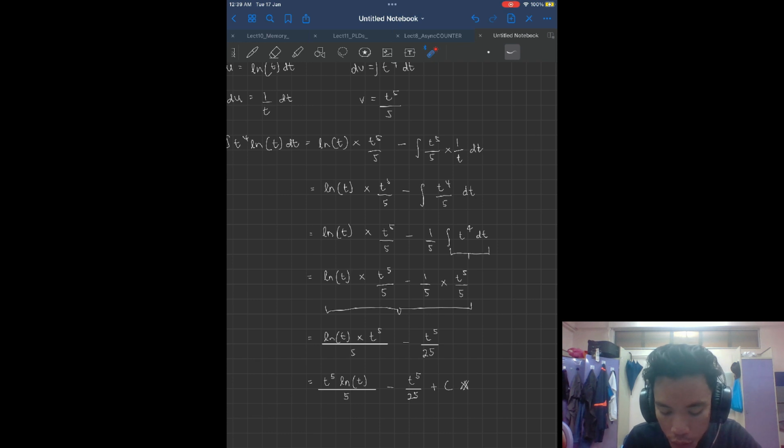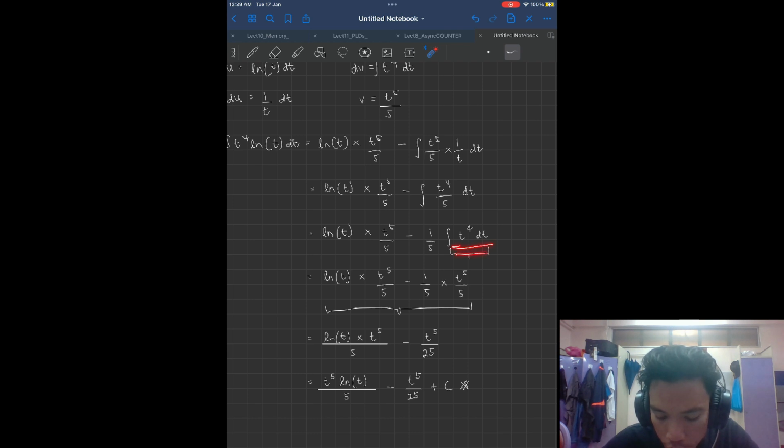And then we put out the 1 over 5 from the integration, becoming integrate t^4 dt. And then we integrate the t^4 dt, becoming t^5 over 5. And then the equation is going to be simpler, and then we can solve them.